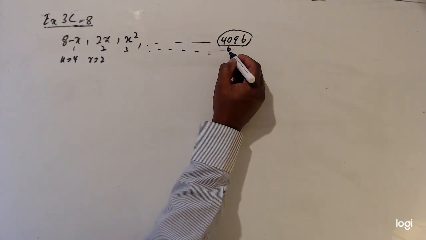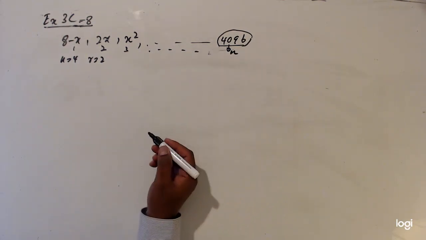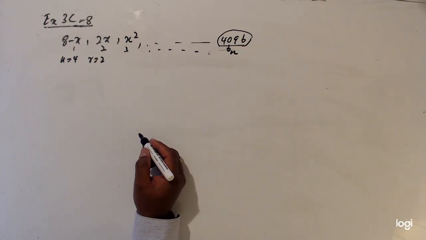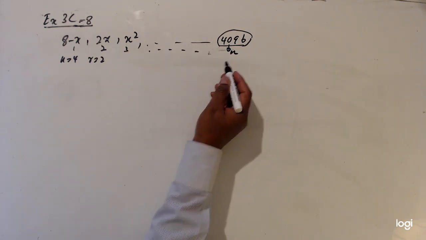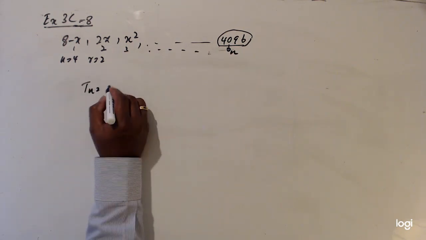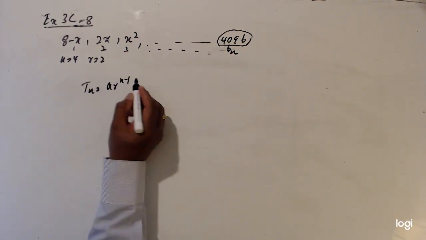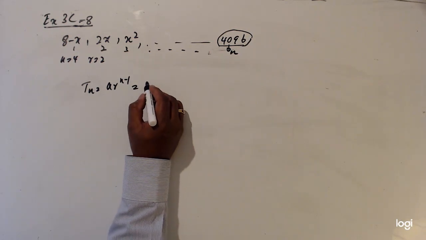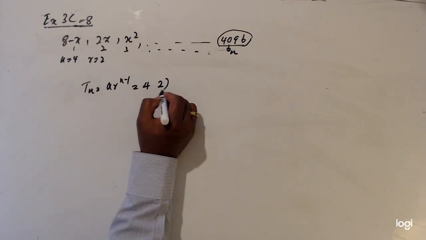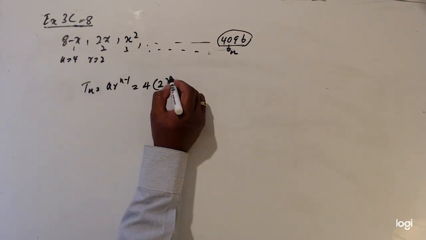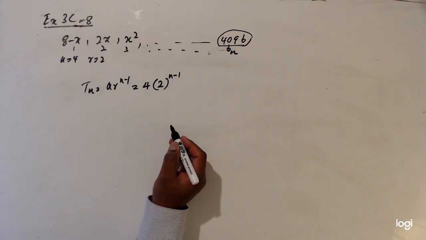So let's say that is n. Let's write the nth term: a times r to the power n minus 1. We know a is 4, and r is 2, so 2 to the power n minus 1.